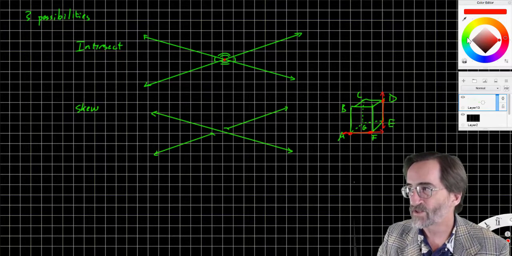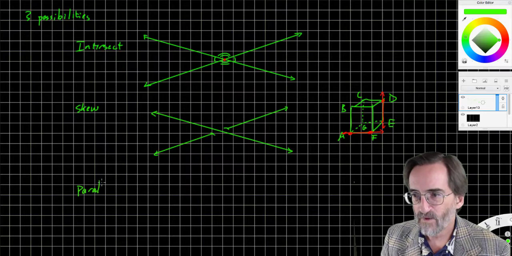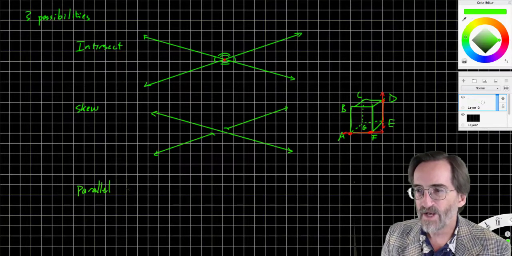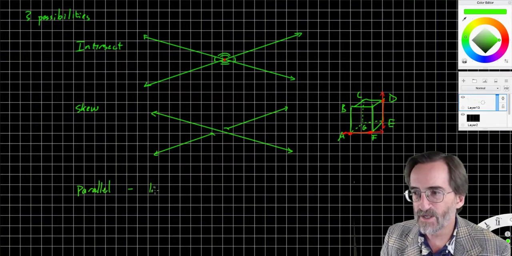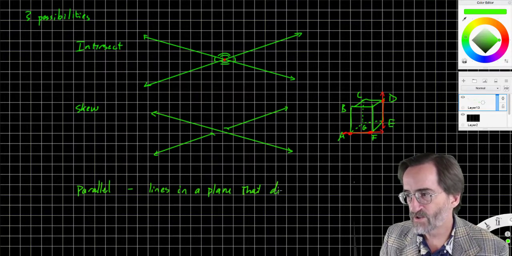And the third possibility is something called parallel lines. The definition is lines in a plane, so they have to be on the same plane, in the same flat surface, that don't intersect. That's the definition.